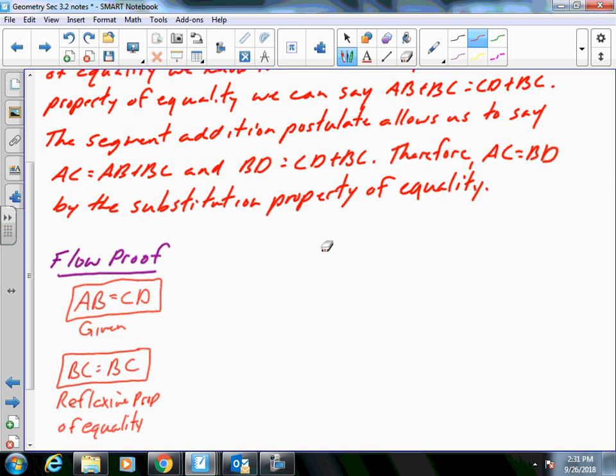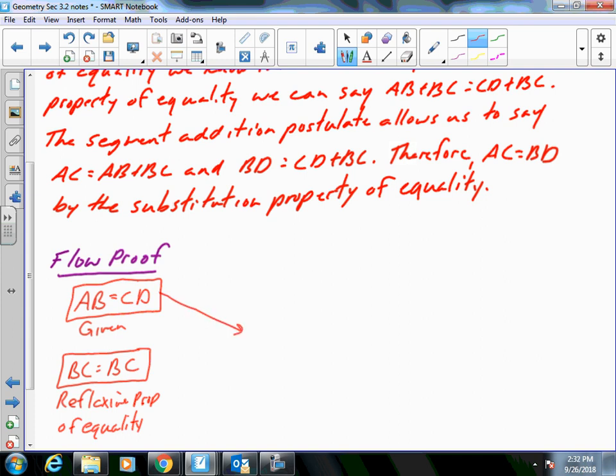Now, step 3 is where we actually add BC to both sides. All right, we get AB plus BC equals CD plus BC. So that step is actually going to be made up of both of these steps going together. All right, we're adding the BCs to the AB equals CD.